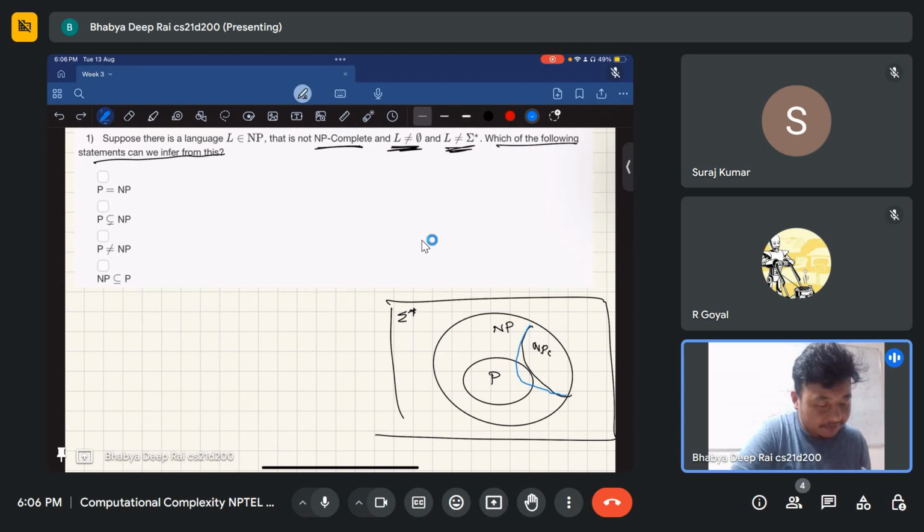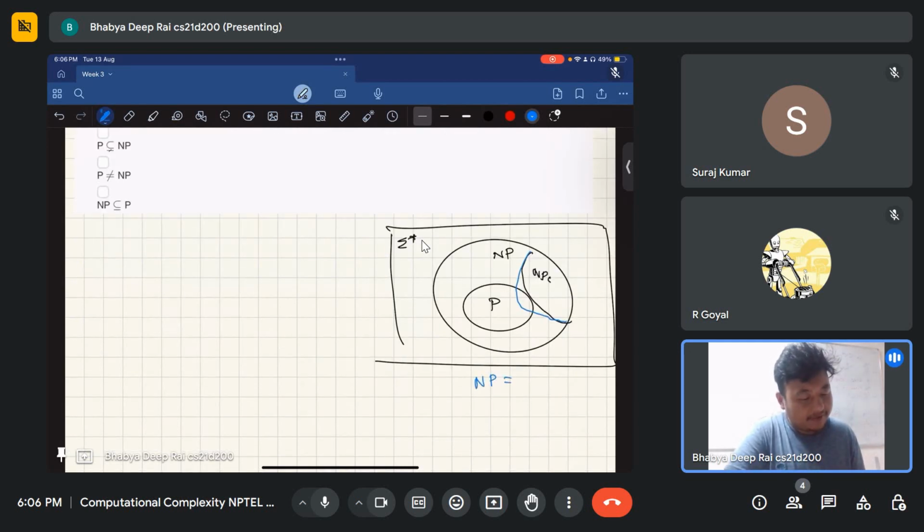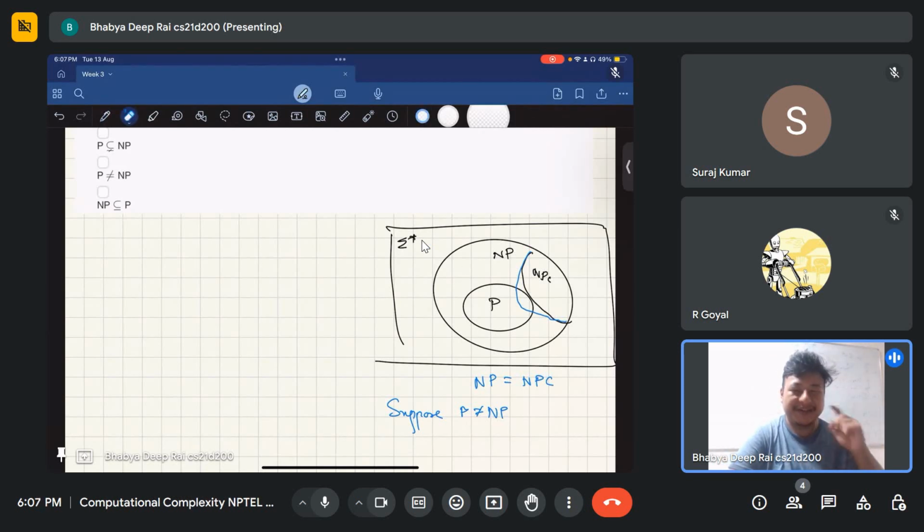Another thing that we don't know is whether NP is equal to NP complete, whether all the problems in NP are NP complete. Now suppose P is not equal to NP, then the question is, is there a language here which is not NP complete? This kind of question we can ask.